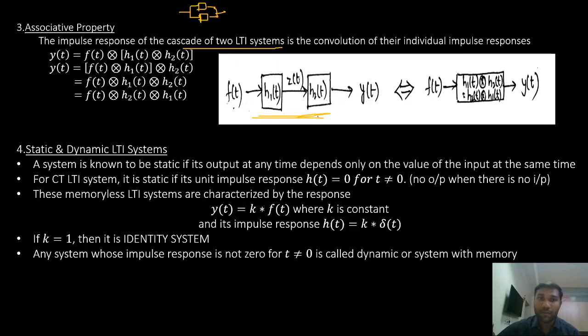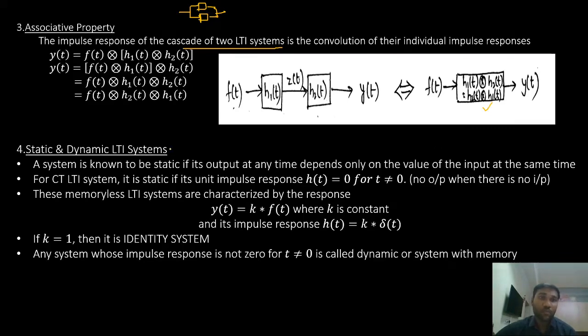So we have f of t, then two systems in series, h1 and h2, and then y of t. When they are in series, I can replace this entire system with the convolution of the individual impulse responses. For a parallel combination, it is the sum of the individual impulse responses. For a series combination, it is the convolution of the individual impulse responses.